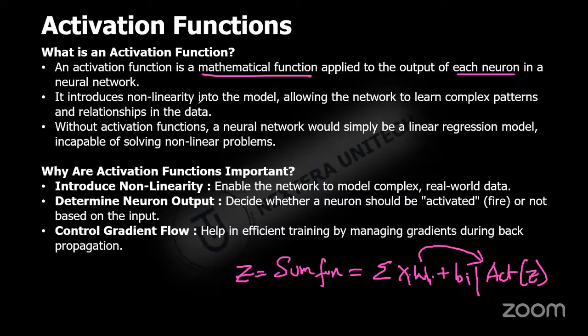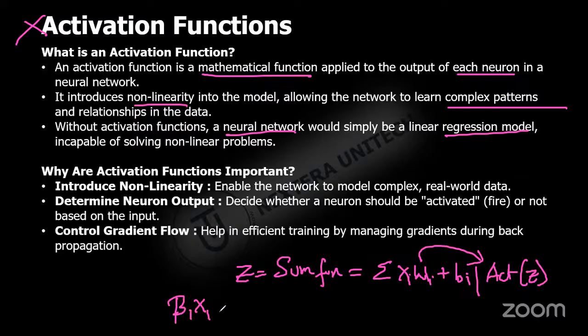These activation functions introduce non-linearity to the model. Because of them, the neural network starts learning complex patterns. What if these activation functions are not there? Earlier, scientists tried without activation functions, and our neural networks were similar to linear regression models. What is the equation for linear regression?